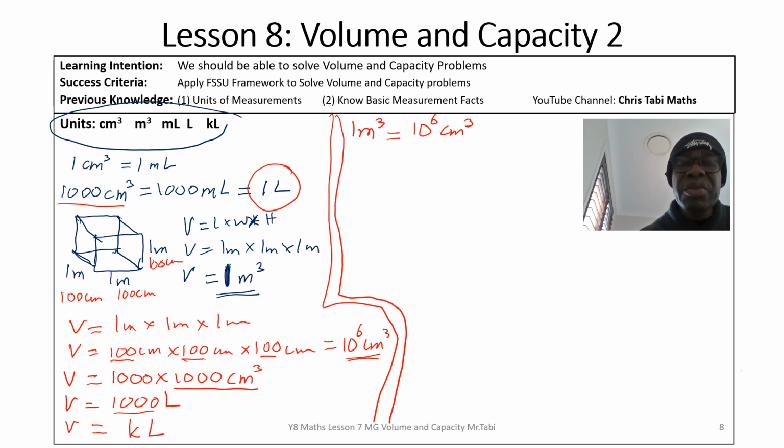That's the first one I showed, but I've also shown 1 cubic meter is equal to 1 kiloliter. And this is very important. So 1 cubic meter is equal to 1 kiloliter, or 1 cubic meter equals 1000 liters.